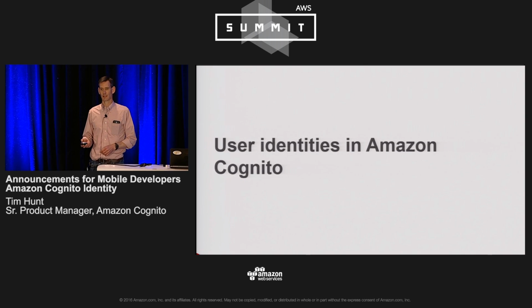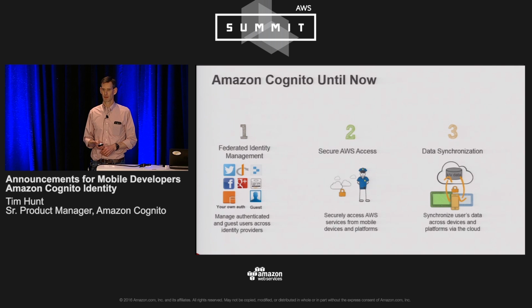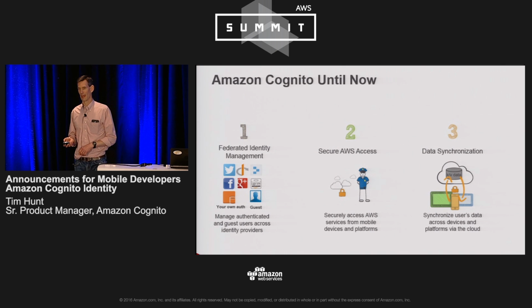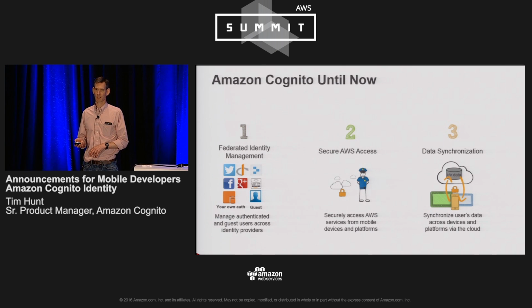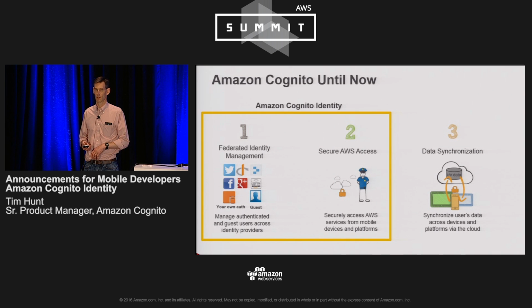So, user identities in Amazon Cognito. I'm going to start off telling you about Amazon Cognito up to now. Today, we have these three areas that we group into two main distinct but related functionalities. On the left, we've got Amazon Cognito Identity. Identity today provides federated identity management.